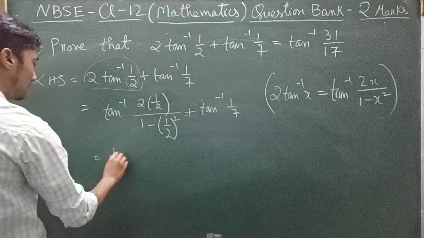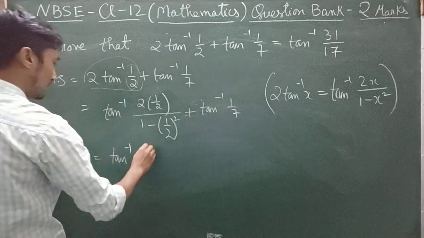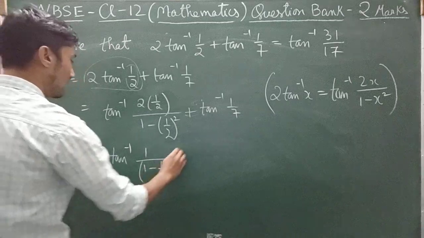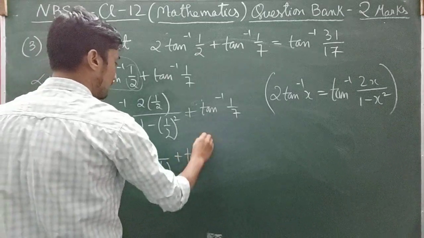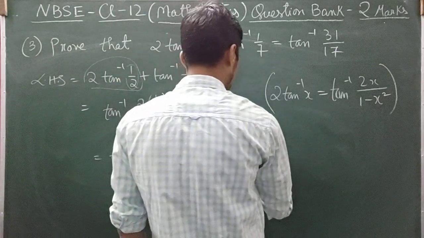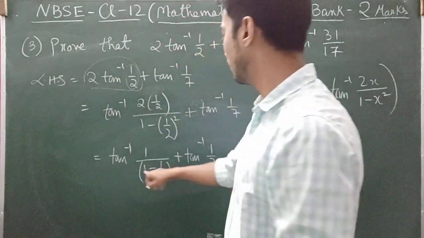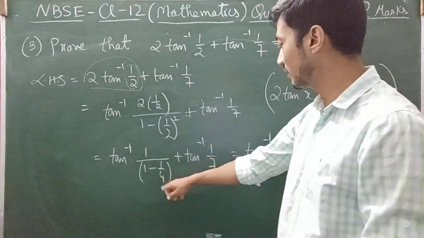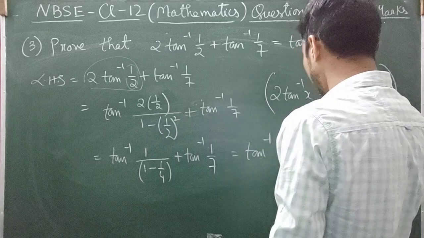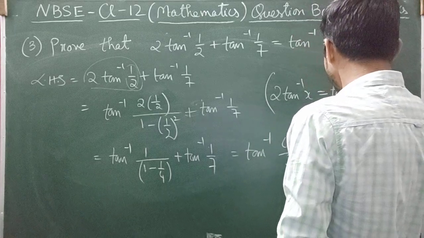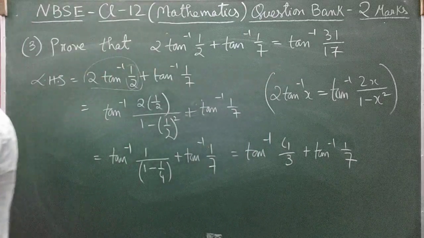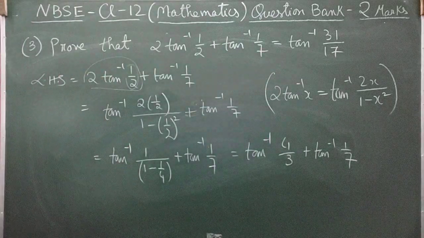So that will be tan inverse 2 cancel, 1 by 1 minus 1 by 4, plus tan inverse 1 by 7. I'll just continue here. So that will be tan inverse, 4 minus 1, that will be 3, 4 upon 3, plus tan inverse 1 by 7.